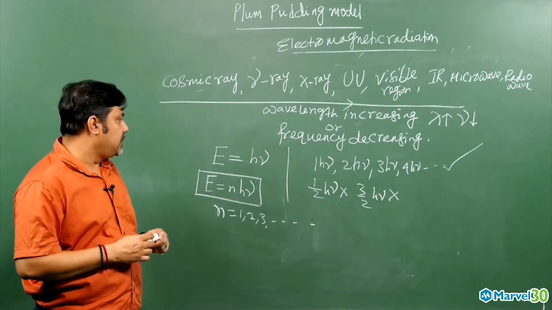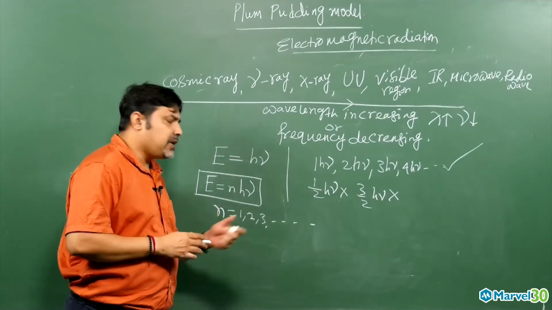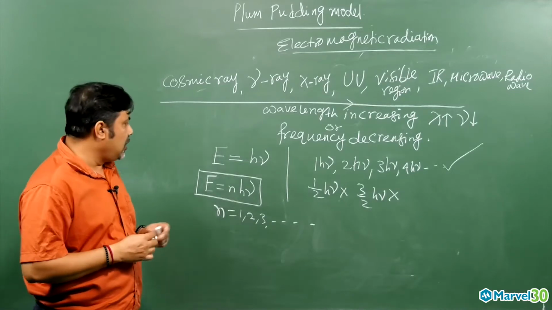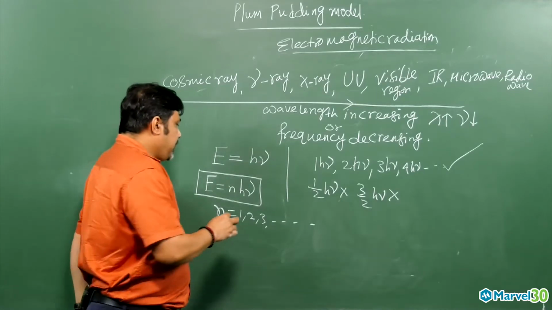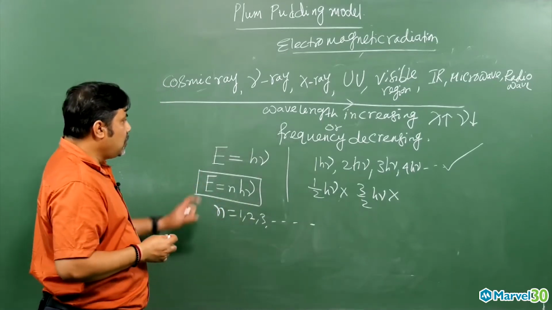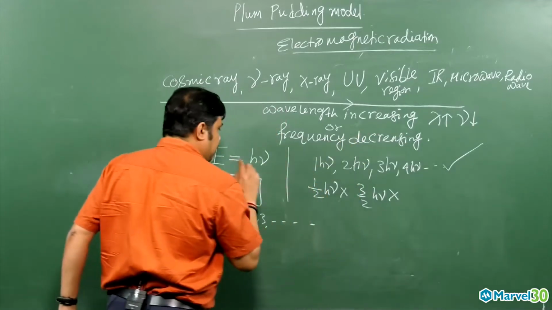Now look at this over here, where n equals 1, 2, 3, 4, 5, any whole number. You have to understand this very clearly. Here energy is directly proportional to frequency. Why?